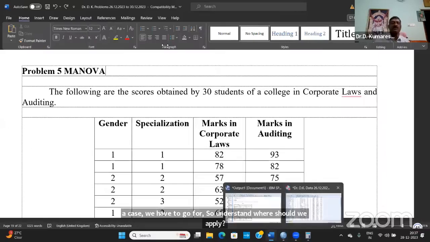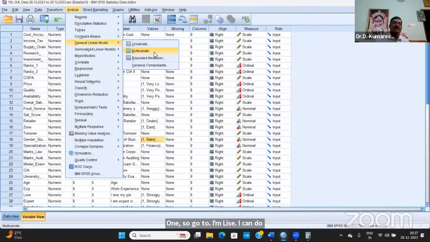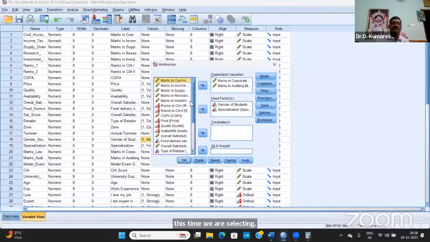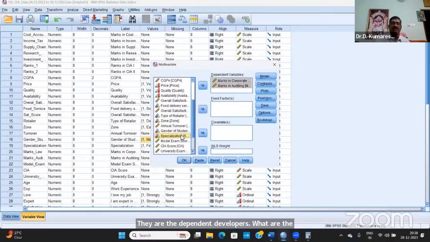So go to analyze, again general linear model, but this time we are selecting multivariate. What are the dependent variables? Marks in corporate law, marks in auditing. They are the dependent variables. What are the fixed factors or independent variables? Gender and specialization.